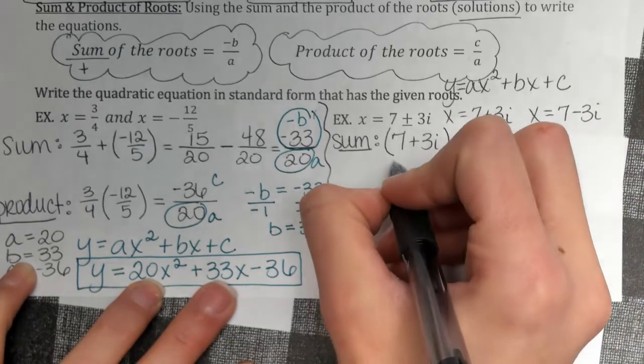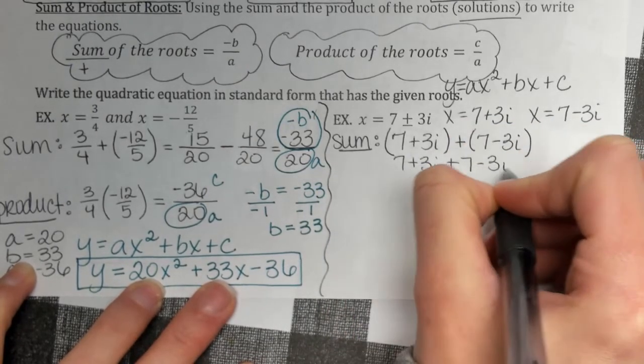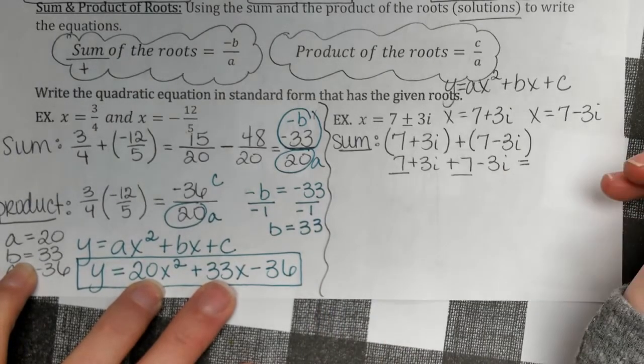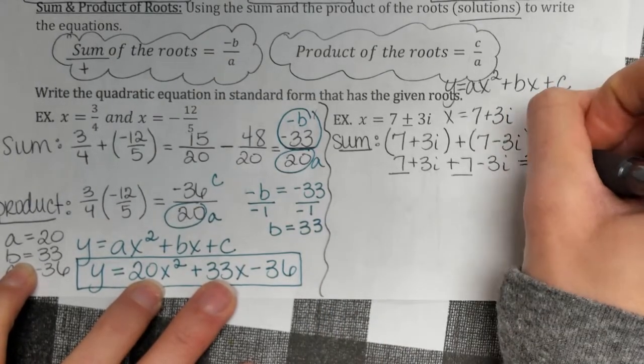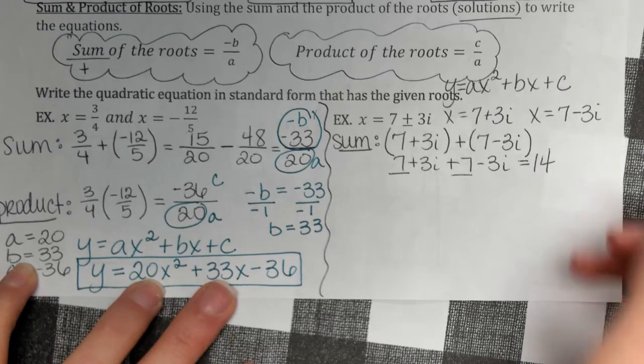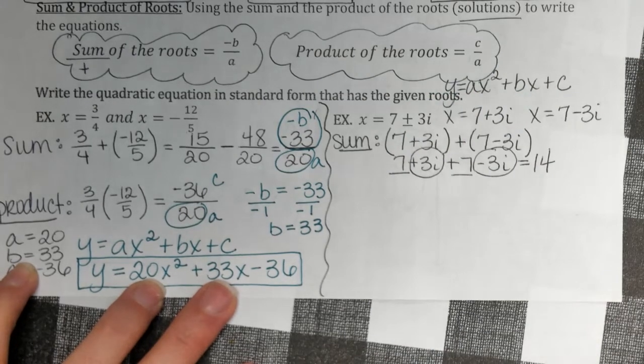Okay, so 7 plus 3i plus 7 minus 3i. I'm going to combine like terms, 7 plus 7. That's just 0. Your 3i and your negative 3i.